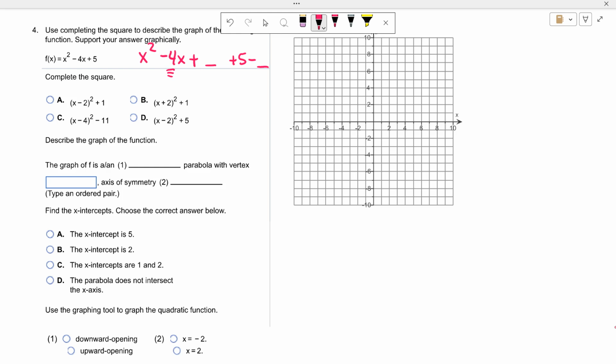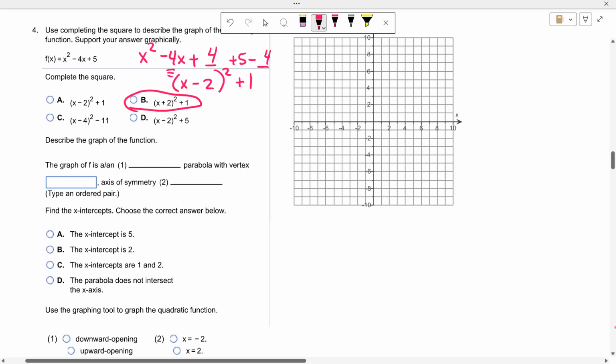If you square it, it is 4. So your equation would be x minus 2 quantity squared, because you take the square root of this, the middle sign, the square root of that, plus 1, which is choice B. Okay?